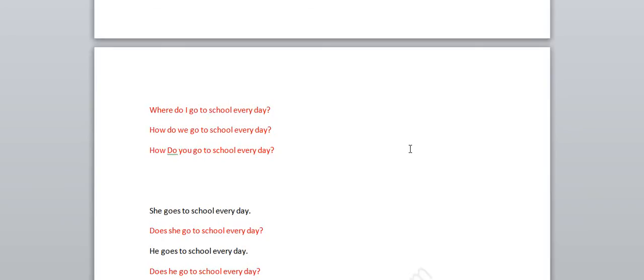This is the way we need to learn. For practice, we need to prepare some examples, take any other verbs and prepare like this. Now whatever I have written is about the verb go only. You can take any other example. Suppose another verb, like see: I see a movie every day.